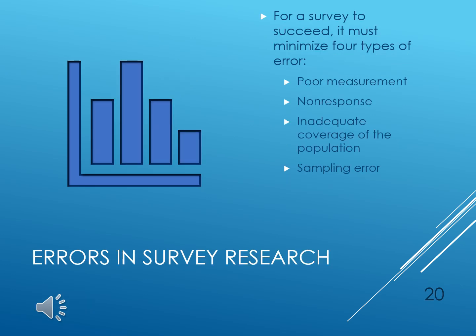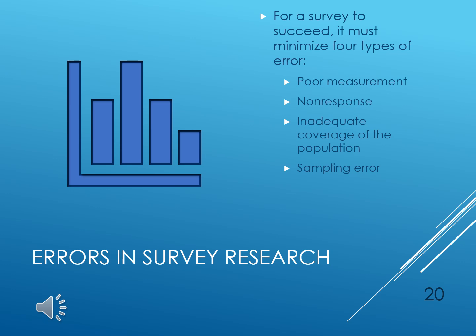Errors in survey research. For a survey to succeed, it must minimize 4 types of error. Poor measurement. These are errors in measurement that arise for many reasons, such as when respondents are unwilling to disclose their feelings and behaviors, unable to remember past events, and misunderstand survey questions. Non-response is a major and growing problem in survey research, although it is a problem that varies between particular survey designs.